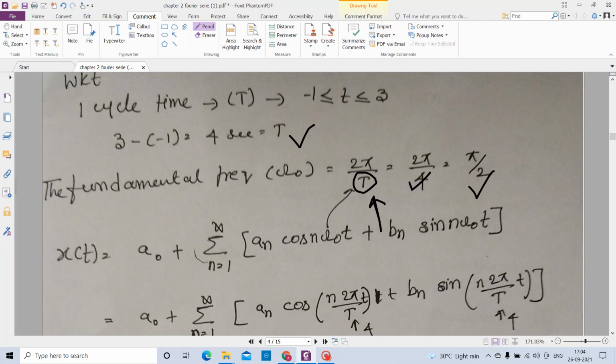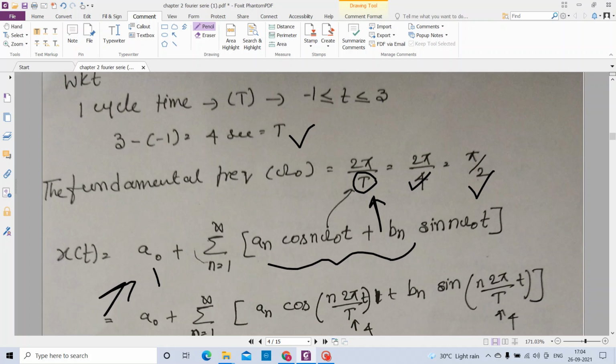We know the Fourier series equation. It contains one DC component and the remaining two are AC components, a cosine term and a sine term, because generally the signal consists of both sine and cosine functions.